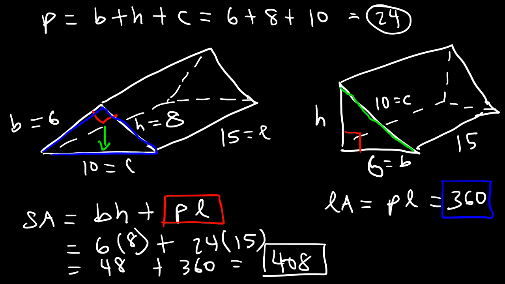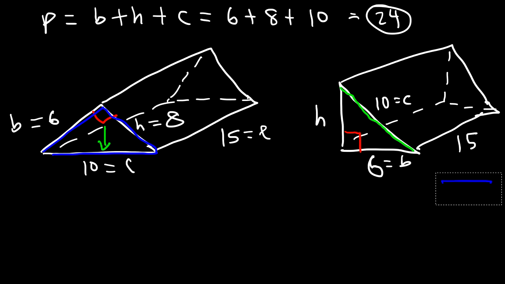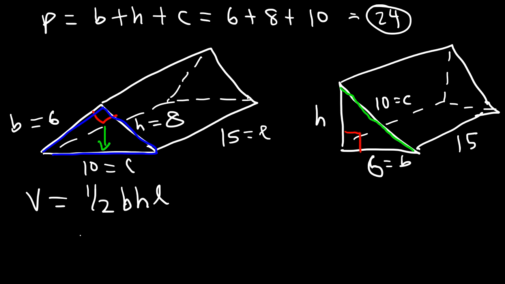Now, what do you think? Can we find the volume of this triangular prism? It turns out that we can. Feel free to pause the video and calculate the volume of the prism. So the volume is 1/2 base times height times L. The base of the triangle is 6, which we could see here.